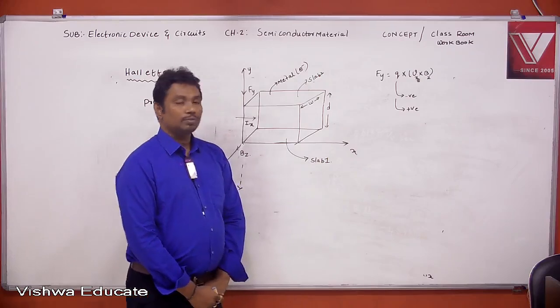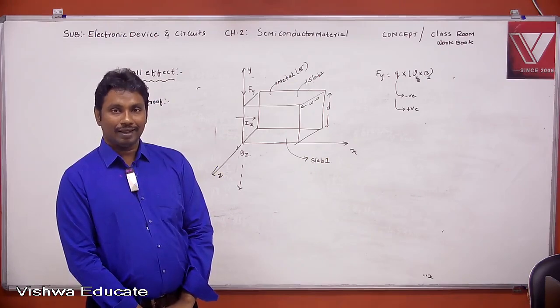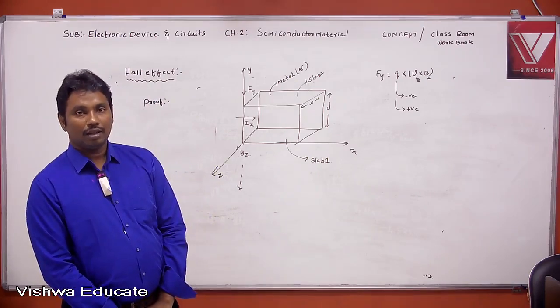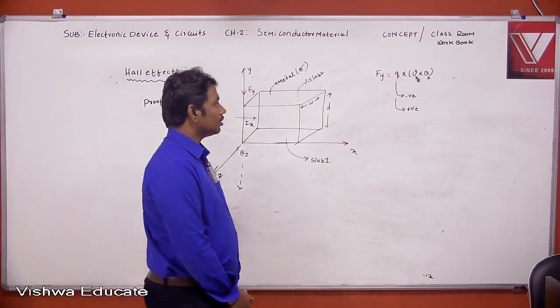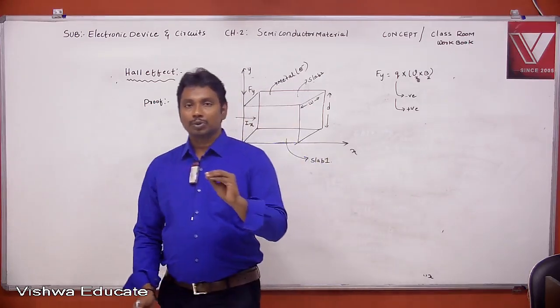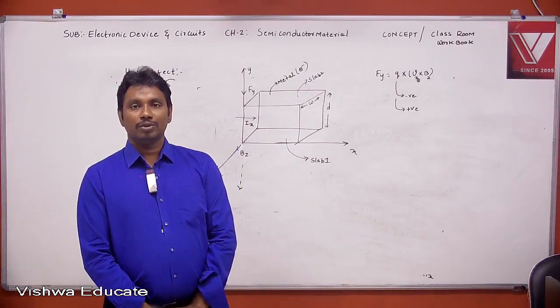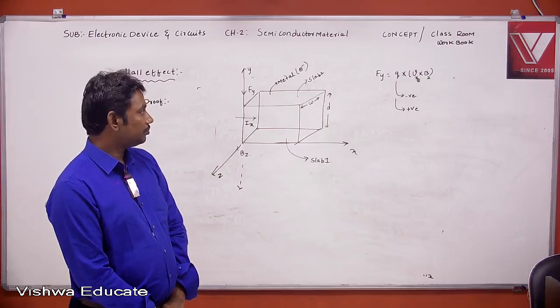Right. Next point. When Q is negative, the Lorentz force is acting oppositely to the V cross B. Right.